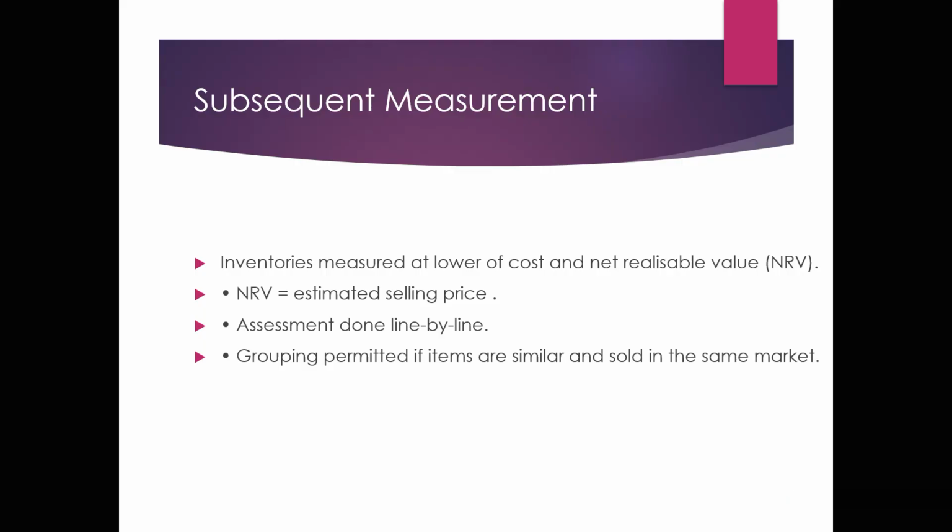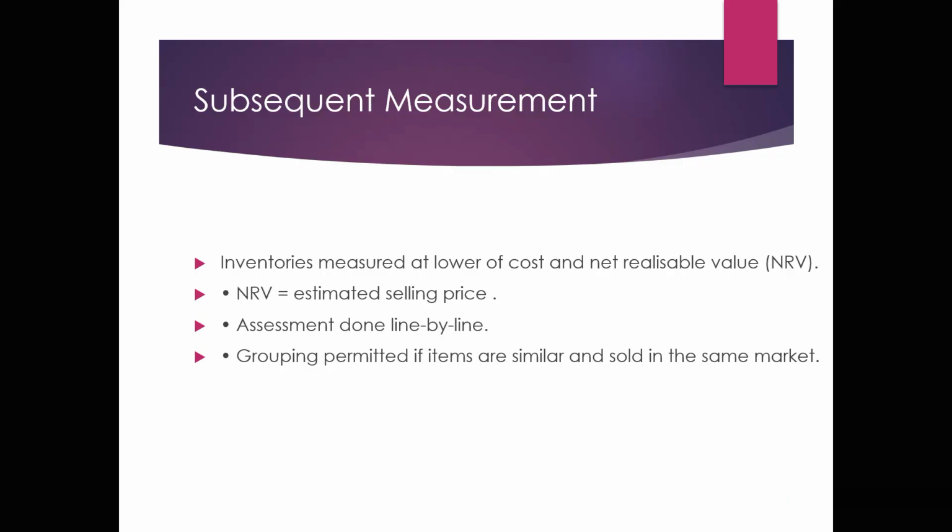Assessment must be done line by line. You must not miss any line. I used to assess inventory of up to 1,000 pages. You assess it line by line using formulas to make it faster. That's the best way to assess inventory.